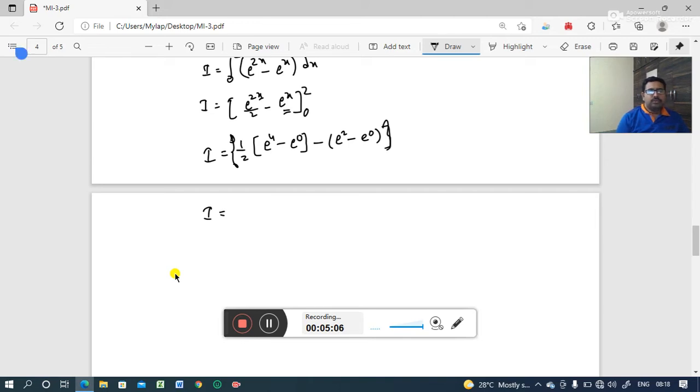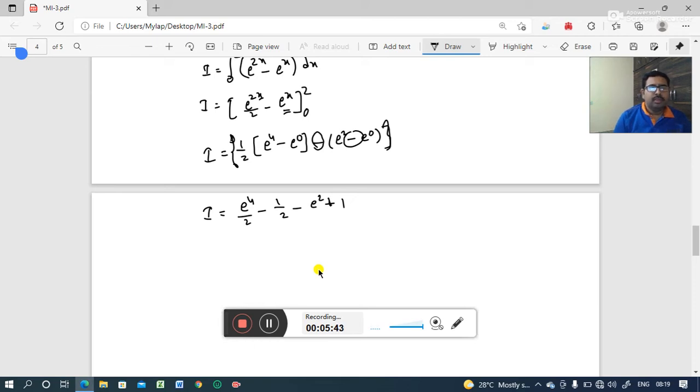So I is equal to, if you simplify, e power 4 by 2 minus e power 0 which is 1, therefore 1 by 2, minus e power 2 minus 1. So you get e power 4 by 2 minus 1 by 2 minus e square, and sorry, here the minus sign is there now, minus into minus becomes plus, so here you get plus 1.